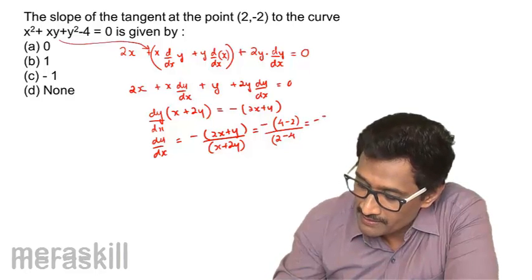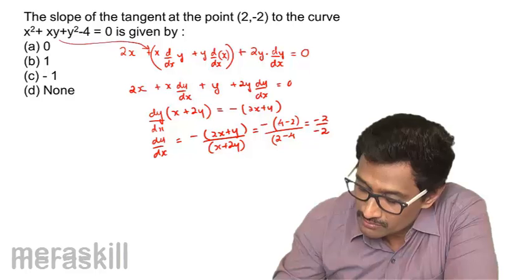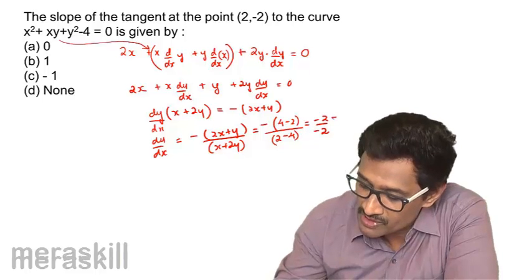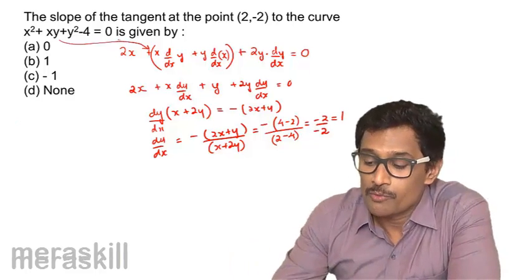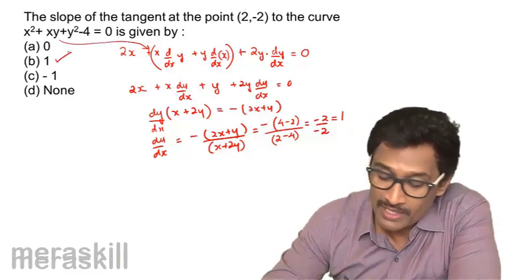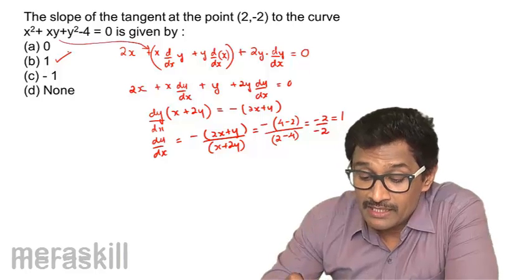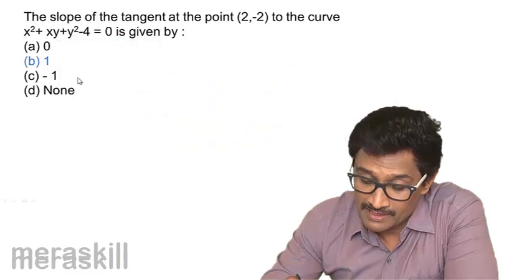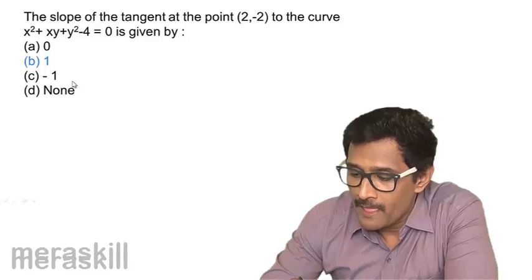So it's going to be minus 2 upon minus 2, which is 1. So the slope of the tangent at the point (2, minus 2) to the curve is 1. Let's tally whether our answer is right. Yes, we do have it as 1.